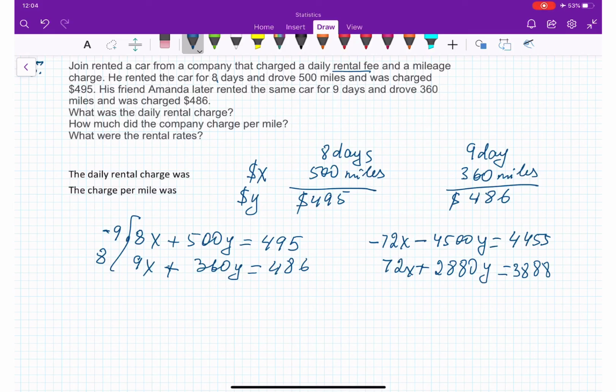All right. So if we add, the x terms are gone, and we have -4,500y plus 2,880y. Here it's going to be negative, this is also negative, I forgot. Okay, so 0, 10 minus 8 is 2.